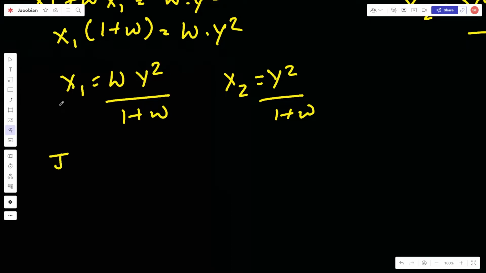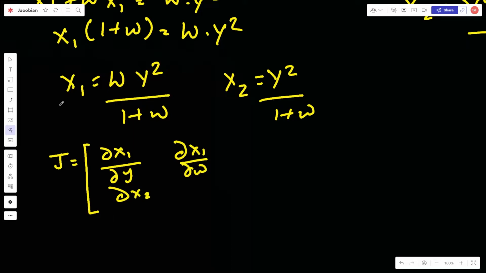In order to create our Jacobian matrix, we first find the partial derivative of x1 with respect to y, and the partial derivative of x1 with respect to w. We have the partial derivative of x2 with respect to y, and the partial derivative of x2 with respect to w.